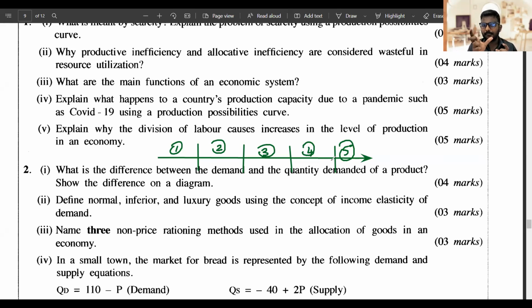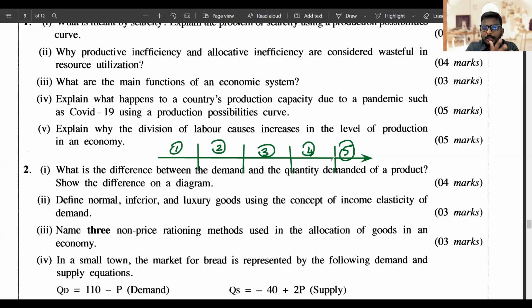Under the increase in productivity, you will come across improvements in management, technology, techniques, and human capital. And also you will have an increase in division of labor and specialization. Mainly that's where you come across division of labor in economics.